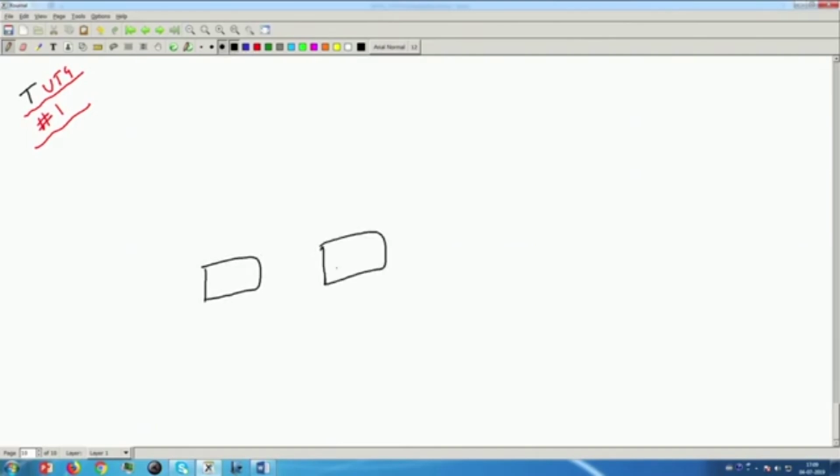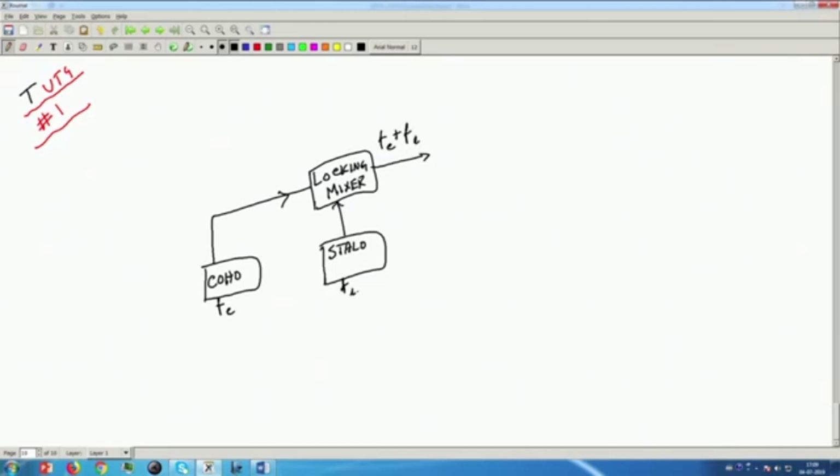So, coho FC and stalo FL are put to a mixer. The output is FC plus FL, and then there is a power amplifier.